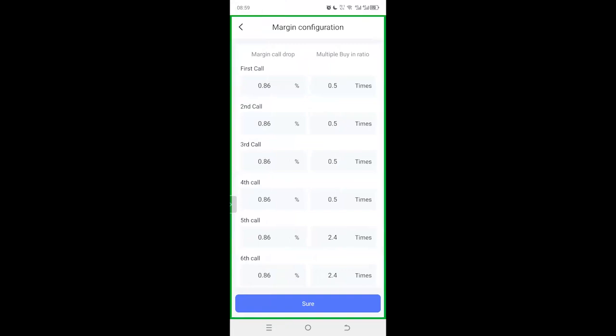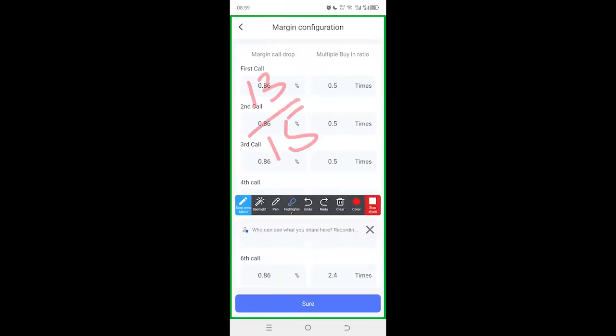What are you going to do? This is what I do. When I come here, I put here.